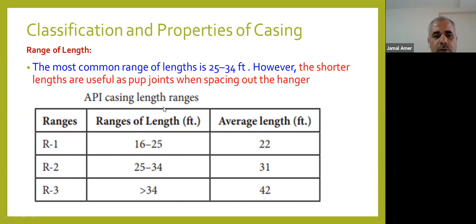Length of joints: the most common range is 25 to 35 feet. Here we call them range 1, range 2, range 3, with average lengths of 22 feet, 31 feet, 42 feet.